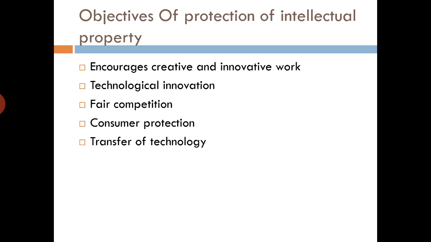If developed countries are not sure that they are getting enough protection for their technology, that they will get a competitive price when they sell their technology to the developing countries, they will be hesitant to transfer technology to developing countries. So technology needs to be protected.